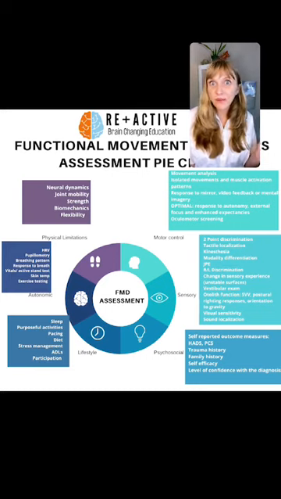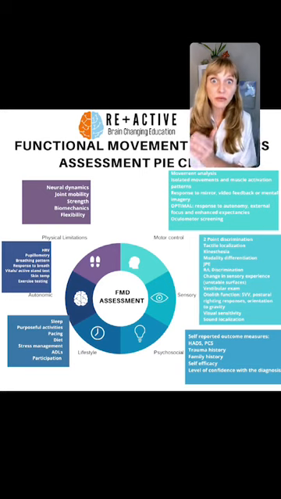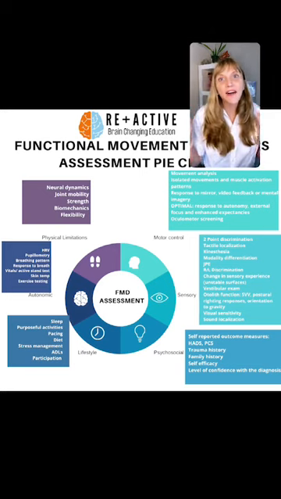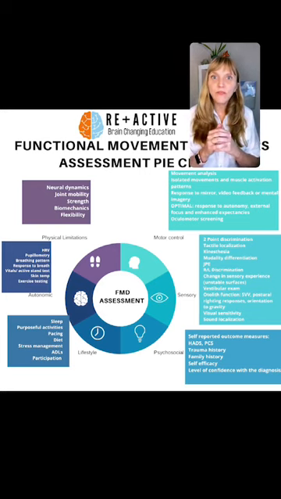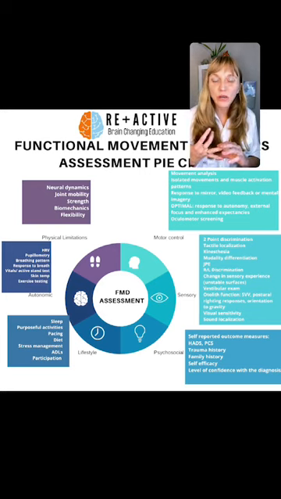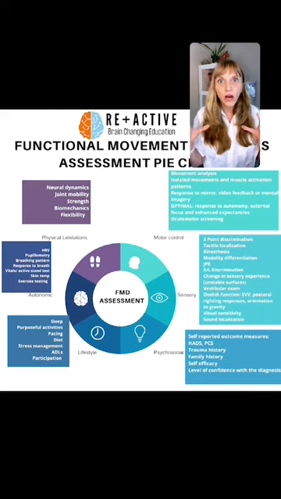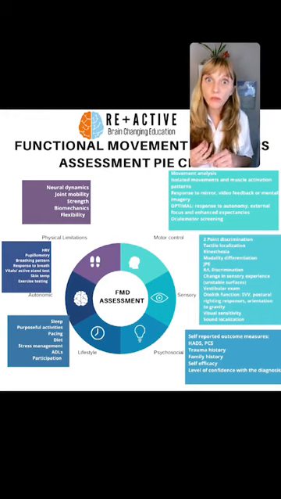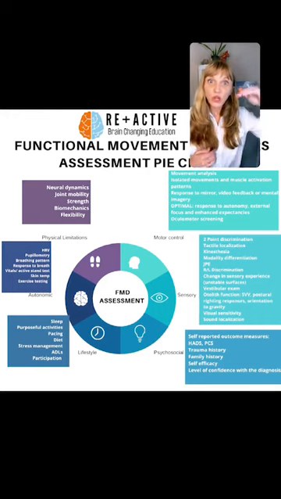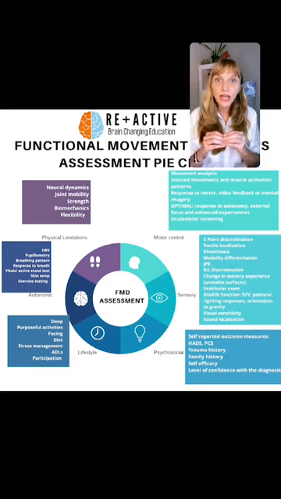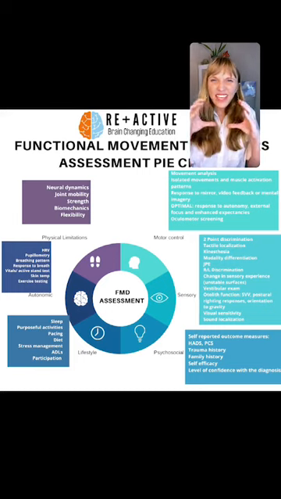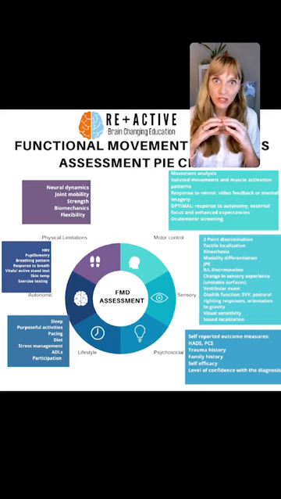But just because somebody has a functional movement disorder doesn't mean those things don't exist. So you have to look at the whole pie. I think this gives you a picture of how thorough and how complete a full assessment would be with a person with functional movement disorders, looking at all components: motor control, sensory, psychosocial, lifestyle, autonomic, physical limitations, and then seeing how big each of those pieces are.